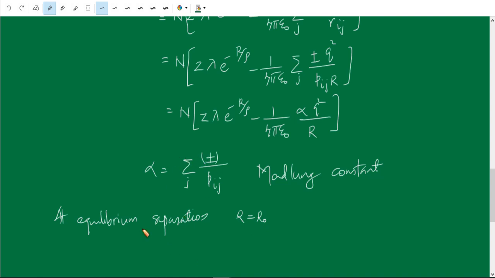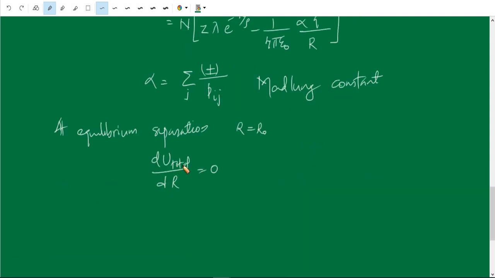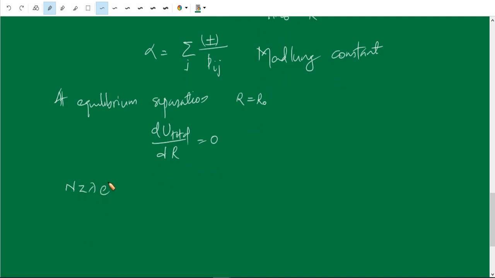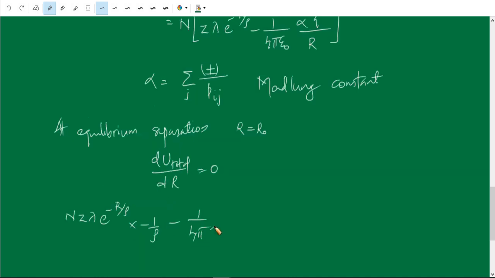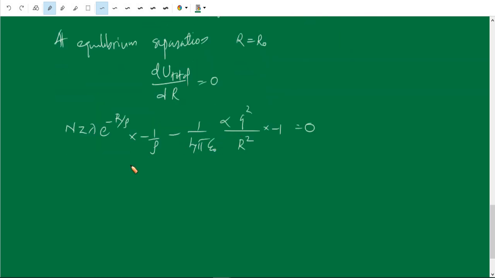Then we differentiate this potential: dU total by dr is equal to 0, since the potential energy is minimum. Differentiating, n times lambda e raised to minus r by rho into minus 1 by rho, minus 1 by 4 pi epsilon 0 alpha q square by r square into minus 1, is equal to 0, at r equal to r0 at minimum potential energy.